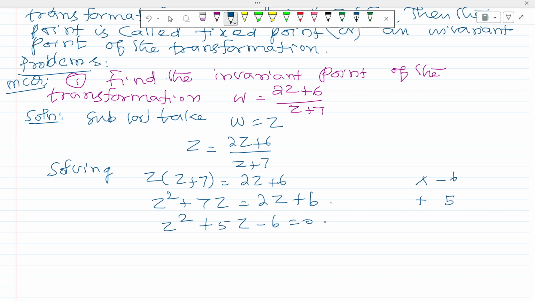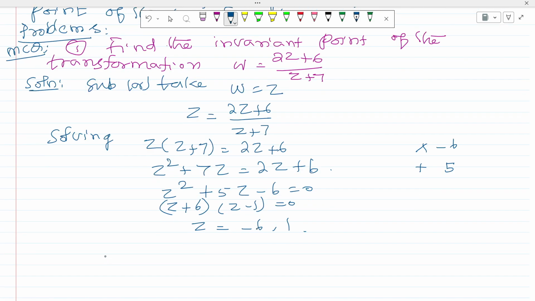Multiplication is minus 6, addition is plus 5. What are the two numbers? Plus 6 and minus 1. So (z plus 6)(z minus 1) equal to 0. Therefore z equal to minus 6, 1 are the fixed points or invariant points of the transformation.